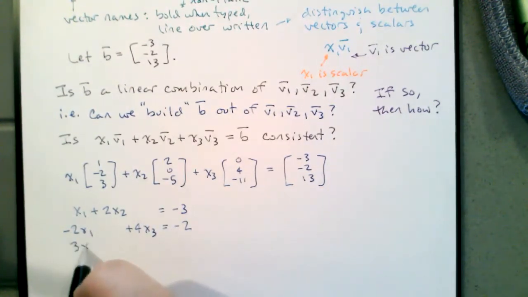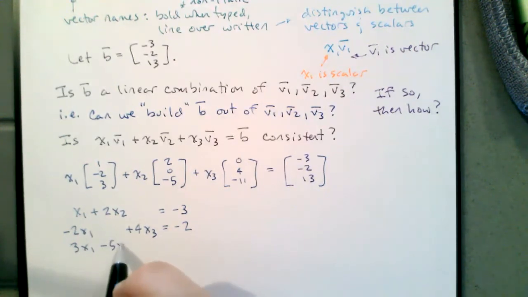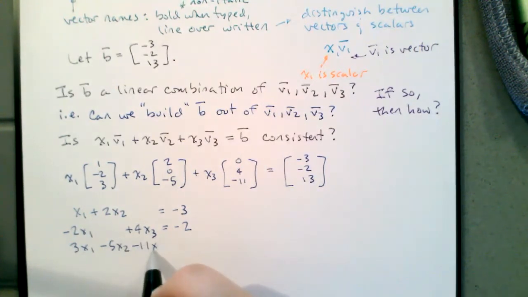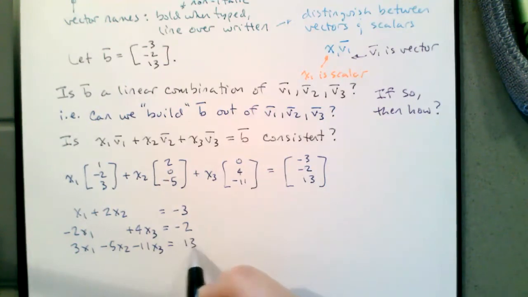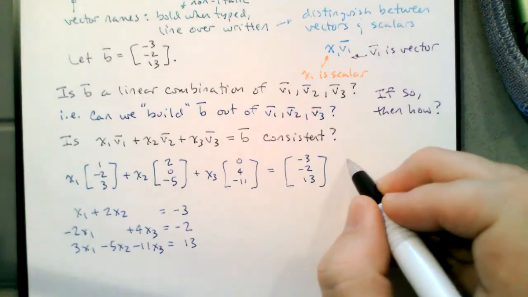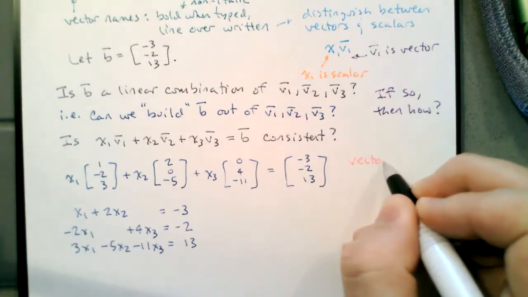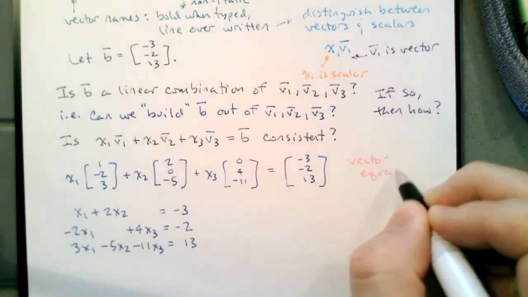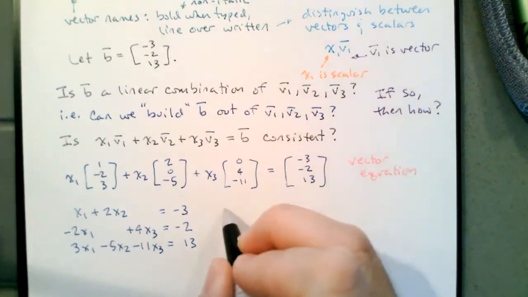And 3x1 minus 5x2 minus 11x3 is equal to 13. So here's our vector equation. Here's our linear system.